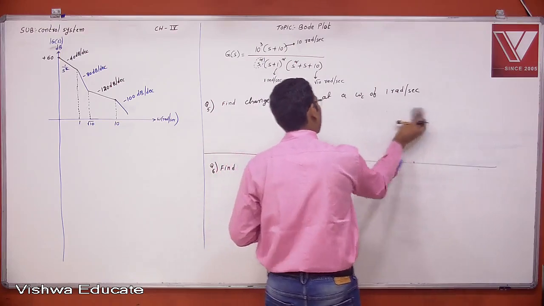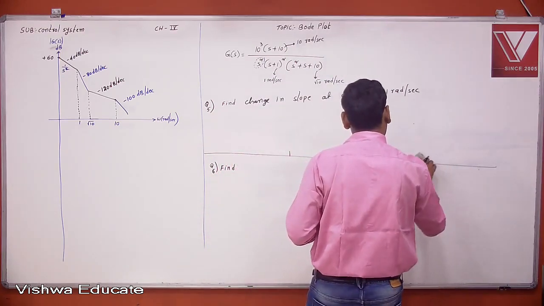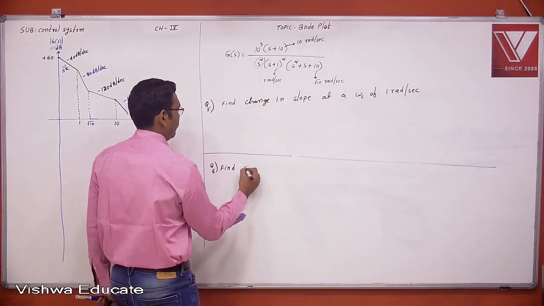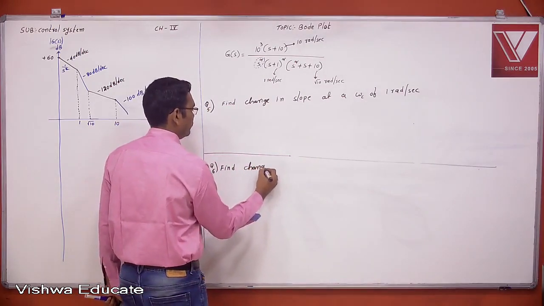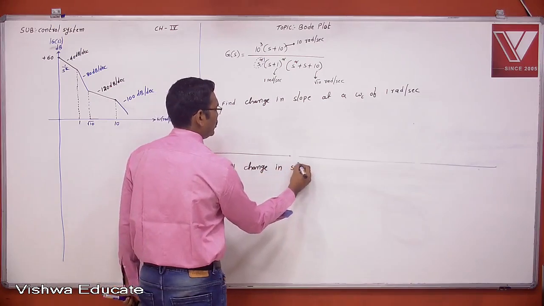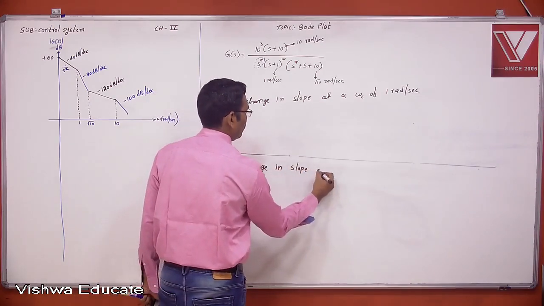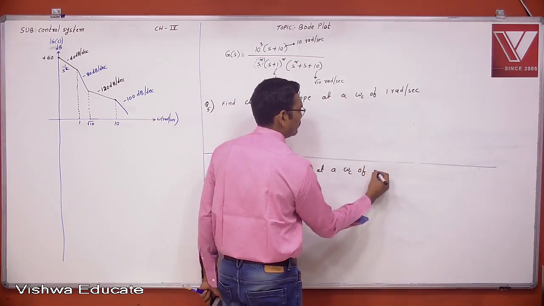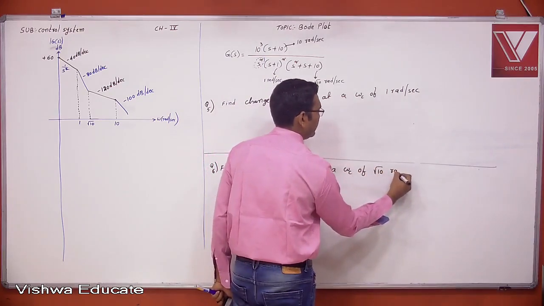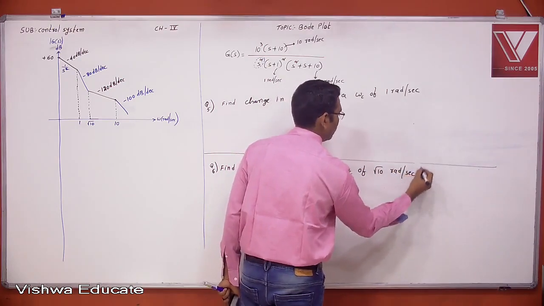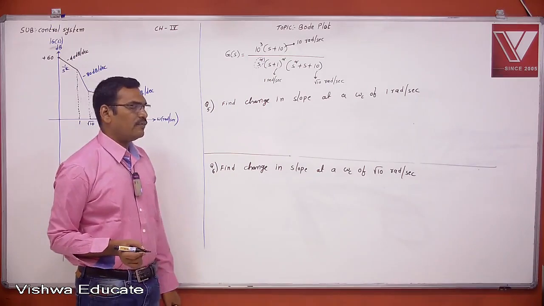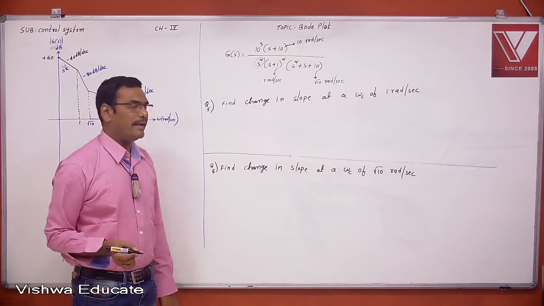Find the change in slope at a corner frequency of root 10 radians per second.